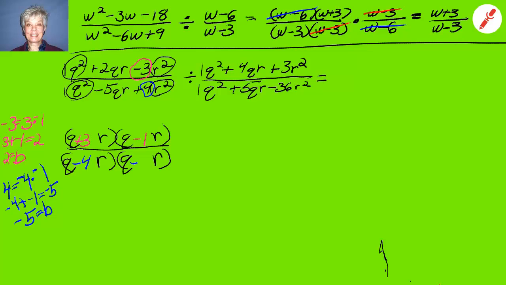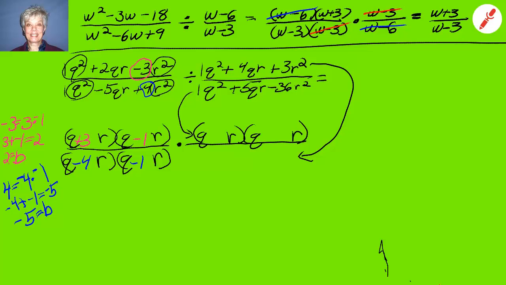So that means on the bottom, the factorization is going to be q minus 4r times q minus 1r. Now we're going to multiply by the reciprocal of the second fraction. And since the leading coefficients are 1, I'm going to make the same qr pair in parentheses that I made in the other fraction.